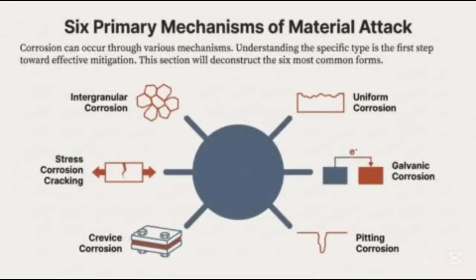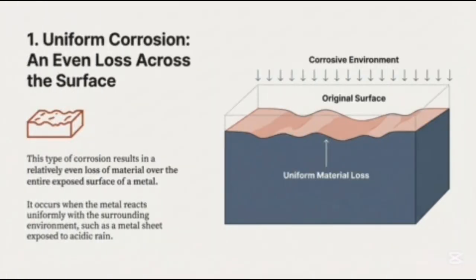Now, as we see, there are many types of corrosion. There are 6 types of corrosion, and we'll discuss them one by one in this presentation. Well, now we'll speak about uniform corrosion, which is the first type of corrosion.